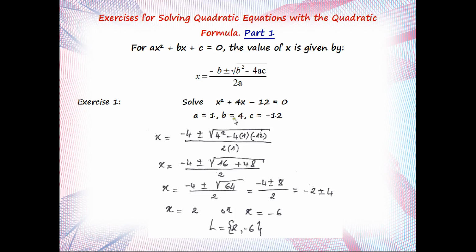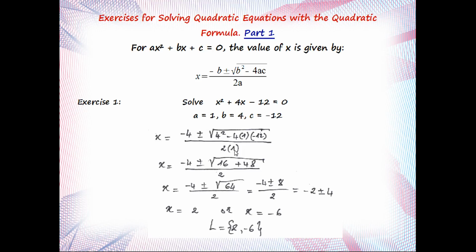Negative b is −4, plus or minus the square root of b² — b² is 4² — minus 4 times a, which is 1, times c, which is −12, all of that over 2a. A is 1.